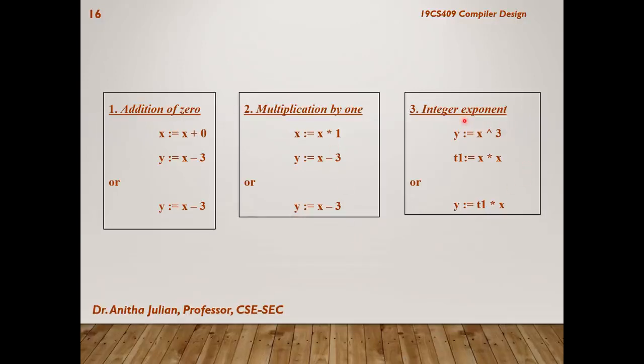Similarly, integer exponent. This is a costlier statement, X to the power of 3. Instead, I can write T1, which is already x squared, into x. Multiplication has a lesser cost when compared to exponentiation. So this is regarding basic blocks and flow graphs.